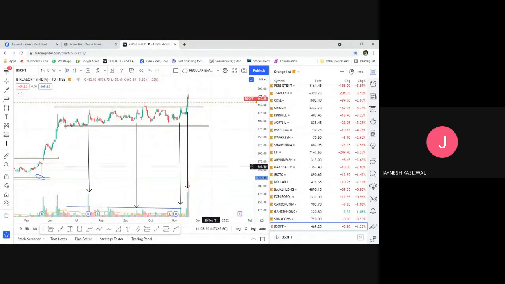So this is what you have to understand, that the breakout should happen where institutionals are interested, and you should be investing in those stocks where the bigger players are already getting in. Why?